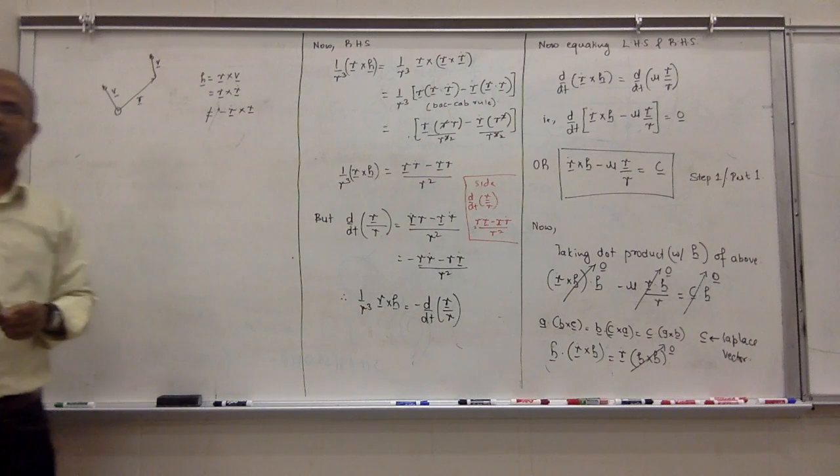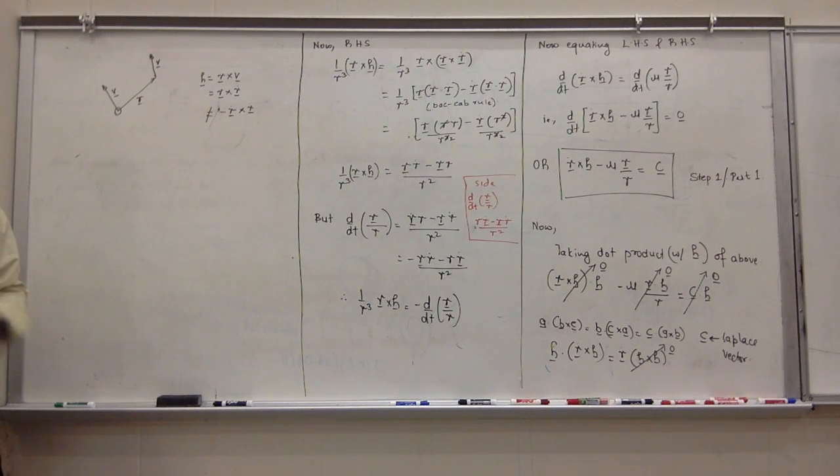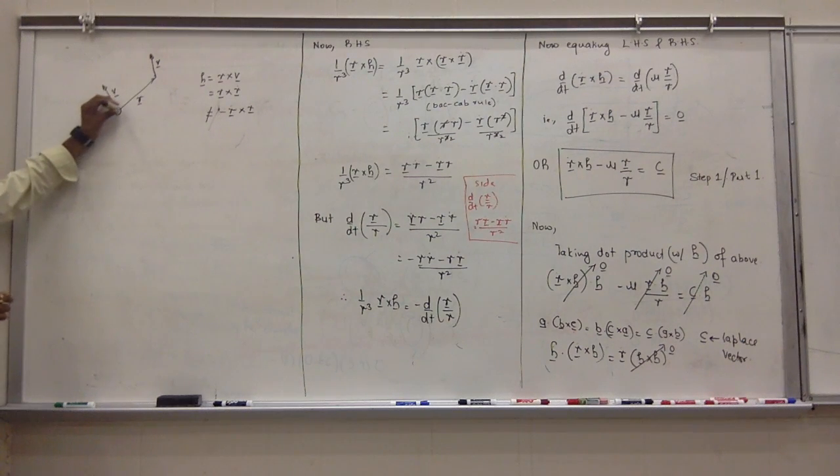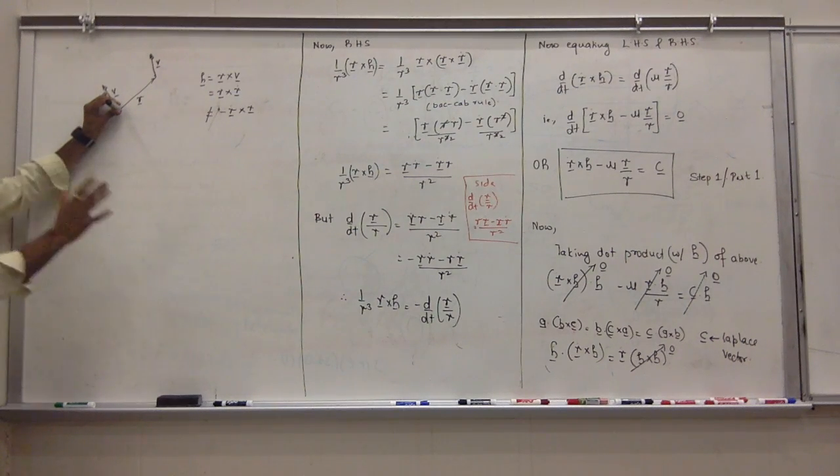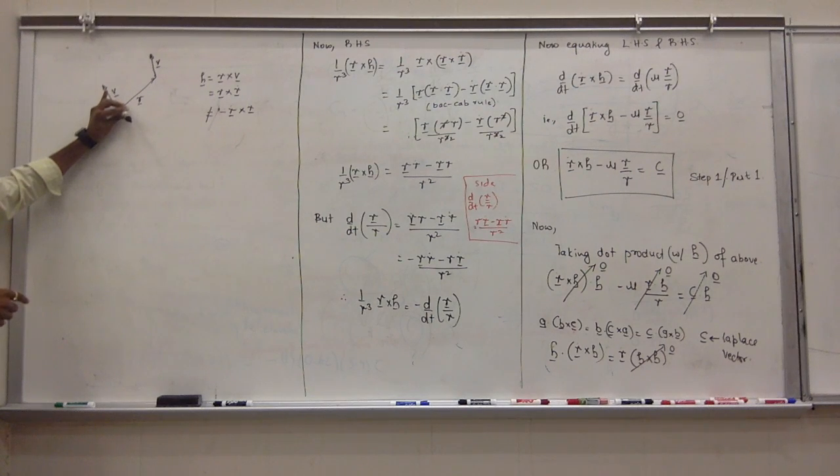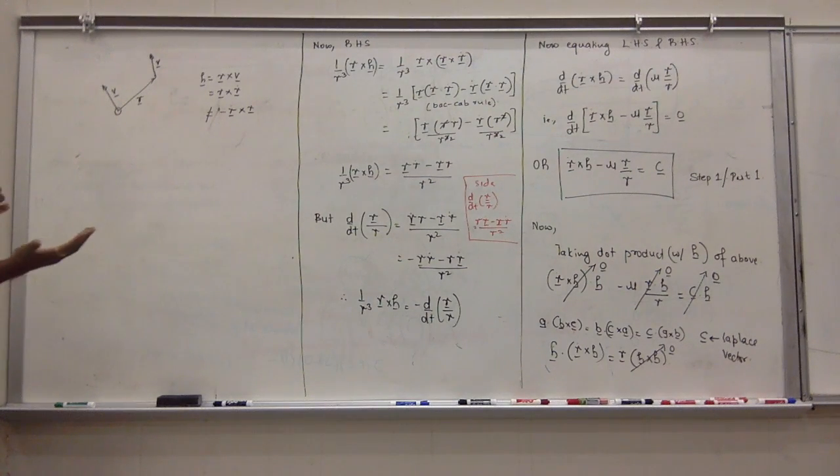So H is coming out. You understand, this relates to direction, right? If direction does not change, that means this plane is always the orbital plane. If it changed from this to this, it means the orbit plane has moved.